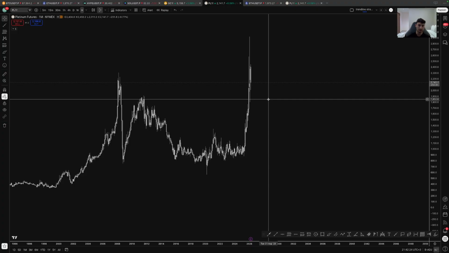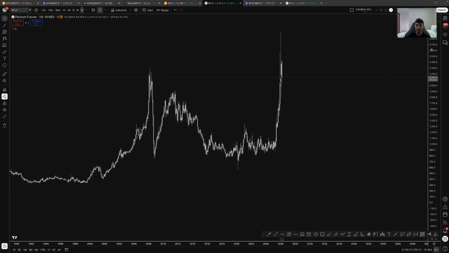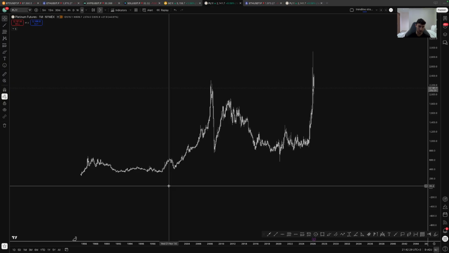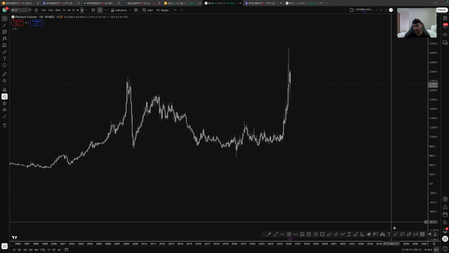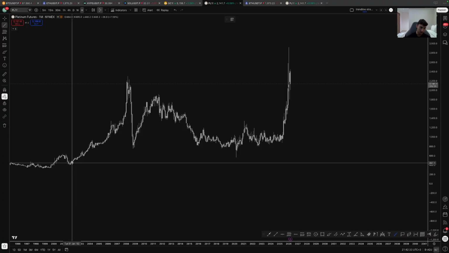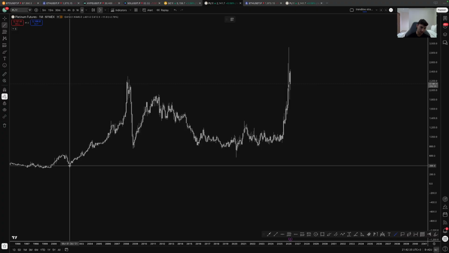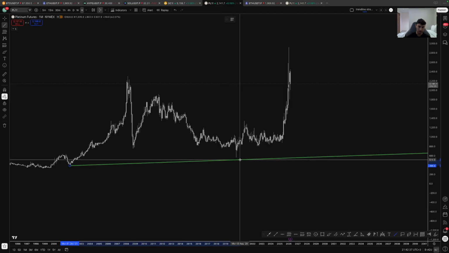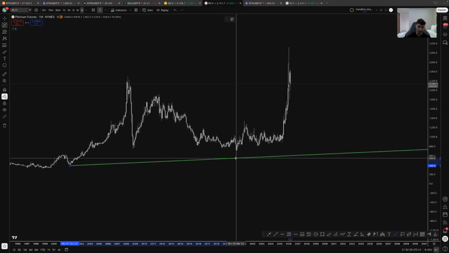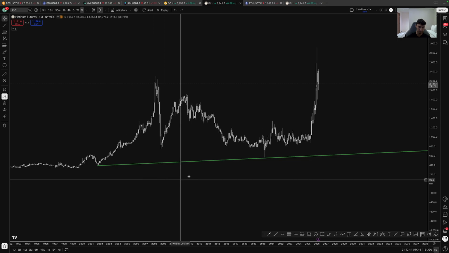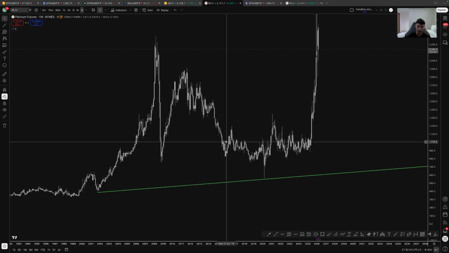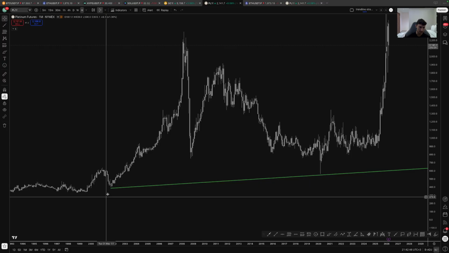Okay, now let's get to the charts and dig deeper into how I draw my trend lines. So basically, first of all, you take it from the lowest wick here to the higher low, which is this one here. Now you just need to adjust it a bit. Don't stress about it, just adjust it.